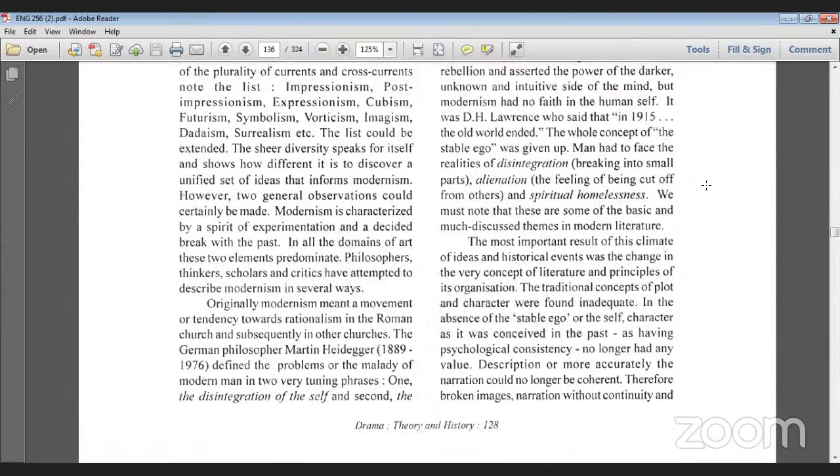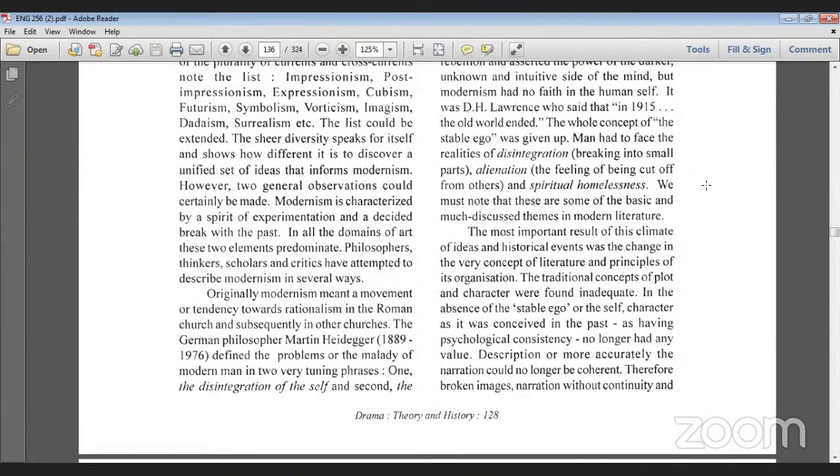Originally, modernism meant a movement or tendency towards rationalism in the Roman Catholic Church and subsequently in other churches. The German philosopher Martin Heidegger, 1889 to 1976, defined the problem of the malady of the modern man in two very telling phrases.